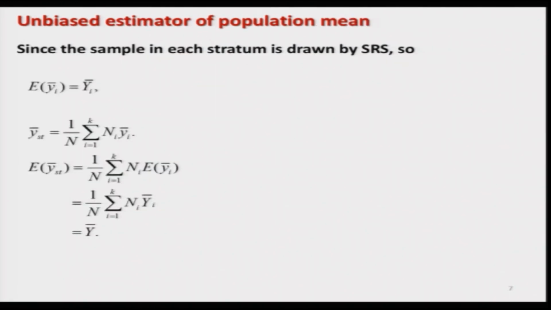I will not repeat it here. We now have an estimator that we are proposing to find the population mean, so we would like to study its properties, whether this estimator is good or bad, and based on that we will make our recommendation.